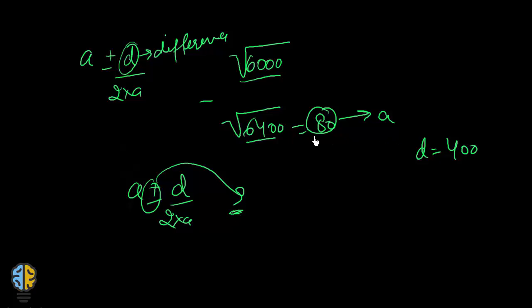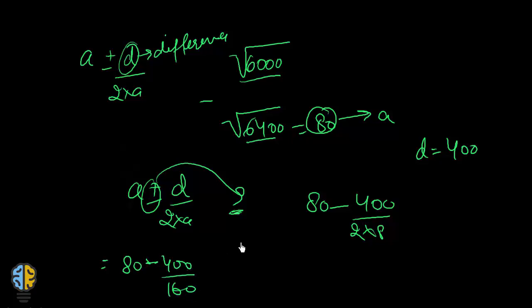So our a is 80 minus 400 upon twice of 80. So it becomes 80 minus 400 upon 160, which is approximately 10 by 4, approximately 2.5.